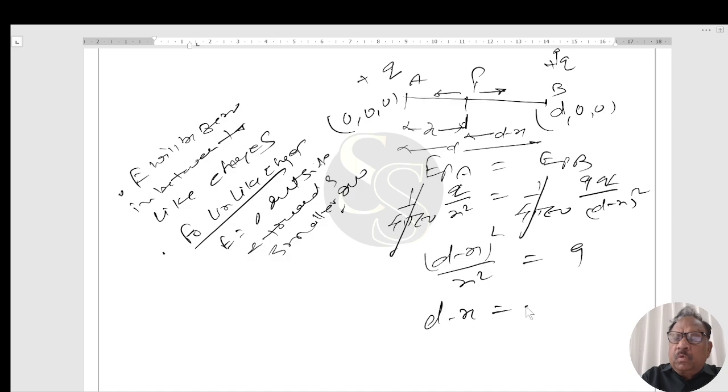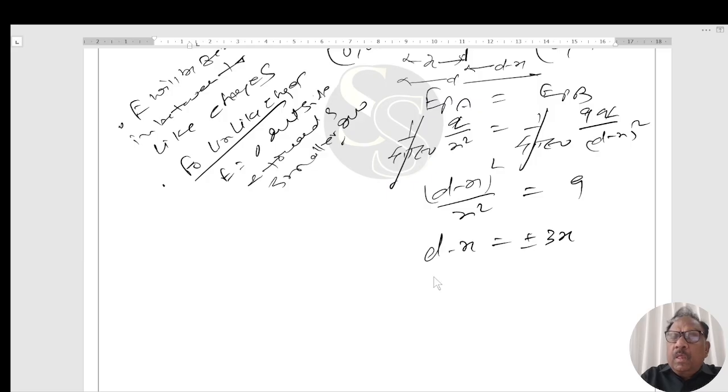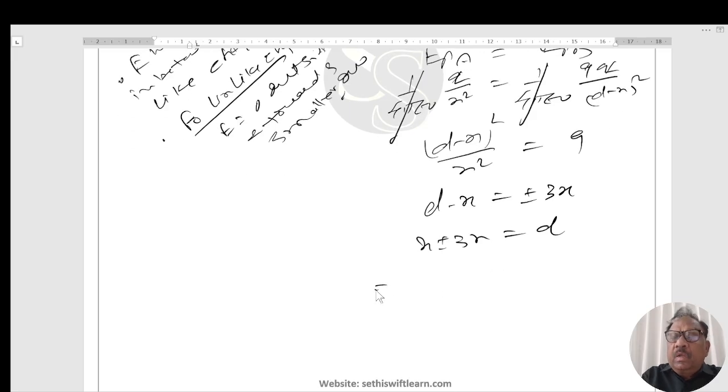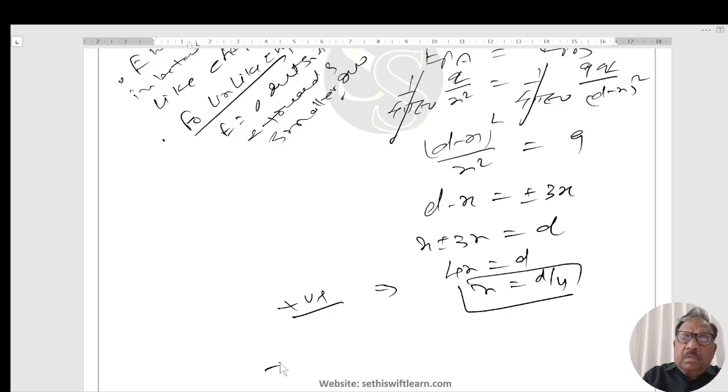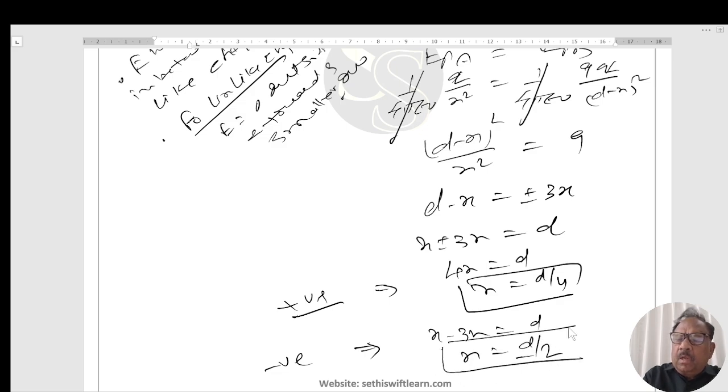Taking square root, D minus X comes out to be plus minus 3X, so X plus minus 3X equals D, right? Then considering positive sign, 4X equals D, X comes out to D by 4. Considering negative sign, X minus 3X equals D, X equals D by 2 with negative sign.